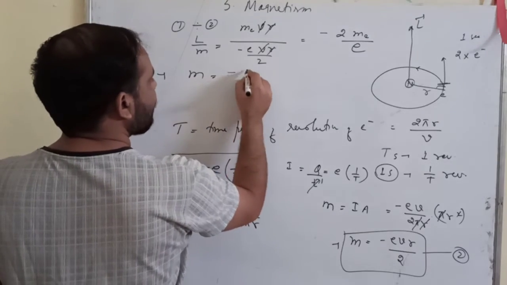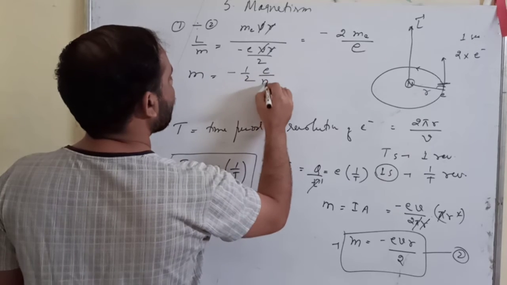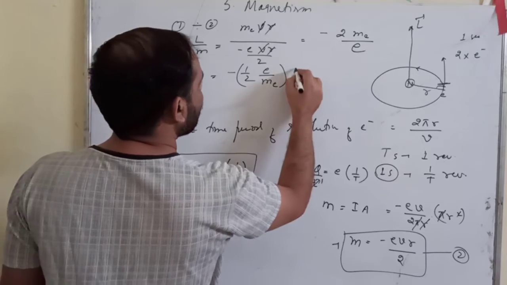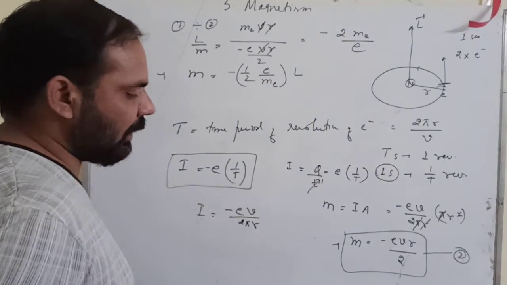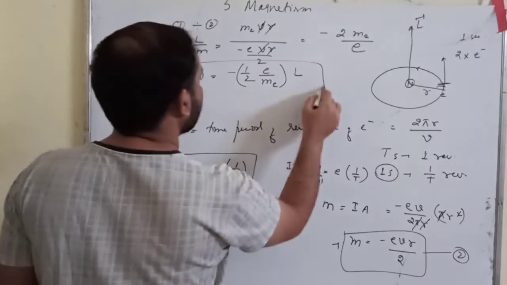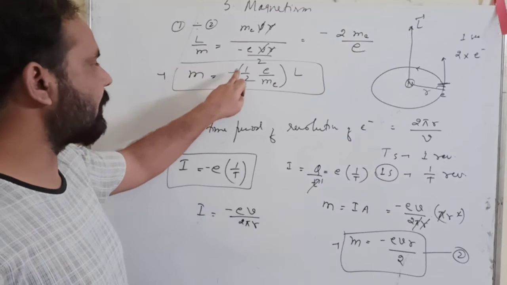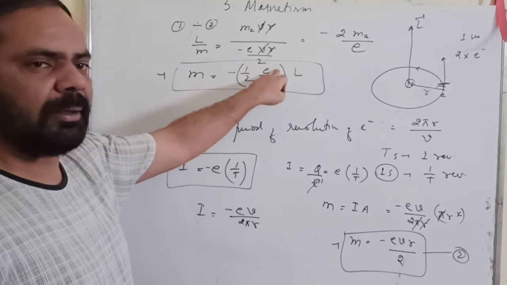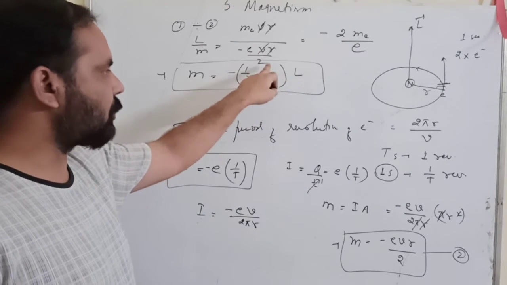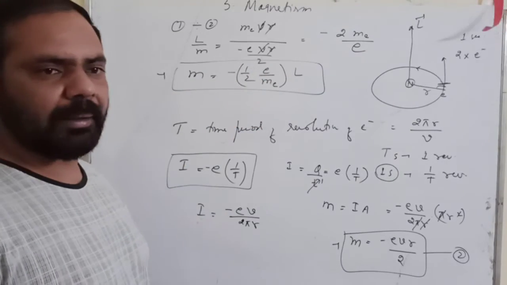It will be minus 1 by 2, this 2 will divide, e upon m e into L. So dipole moment is equal to minus half e upon m e into L. What is e? The charge of the electron. m e is the mass of the electron. This is nothing but the charge to mass ratio, so this is a constant, into L.